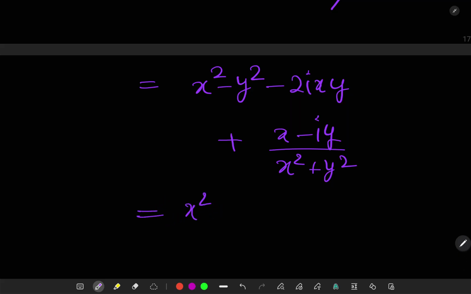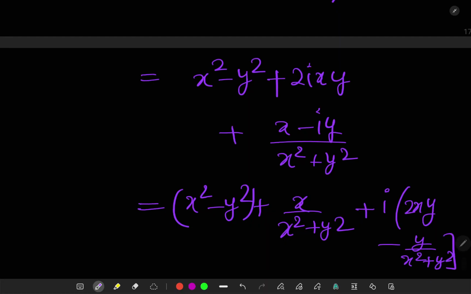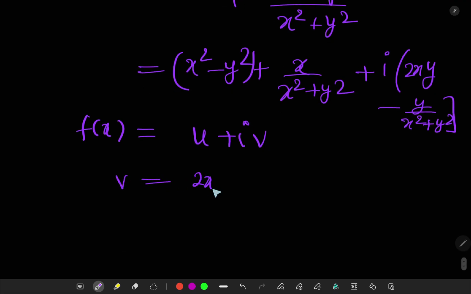Now separating real part and imaginary part, here this is plus minus y by x square plus y square. Here we can compare f of z is equal to u plus iota v. Now comparing this equation we get v is equal to 2x minus y by x square plus y square.